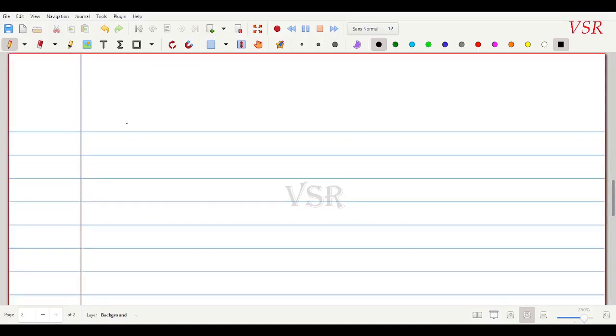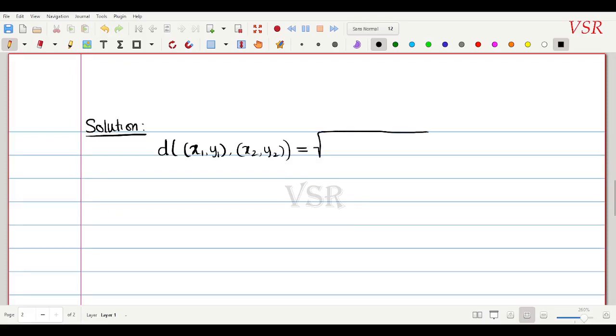Proof. Solution: consider two points (x1, y1) and (x2, y2). The distance between them is the square root of (x1 minus x2) whole square plus (y1 minus y2) whole square.